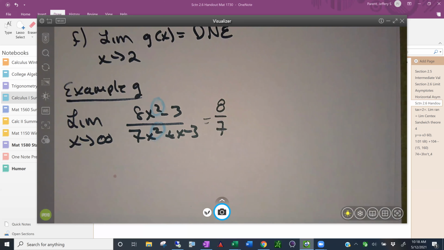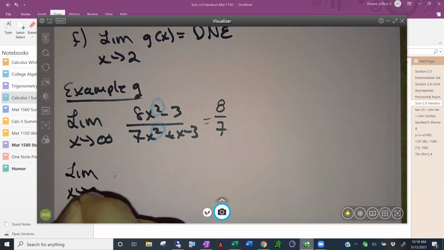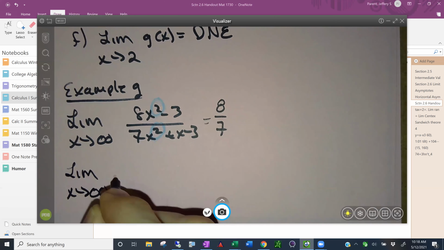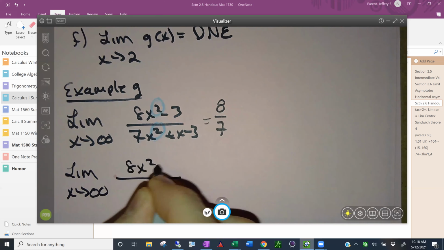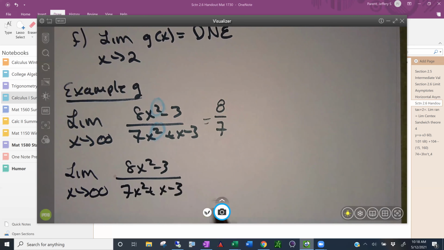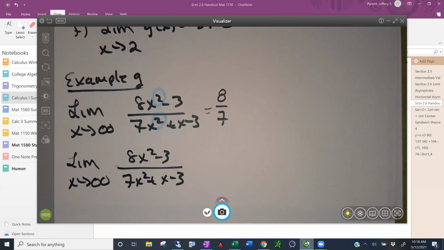And to actually prove this, what we'll do is this: 8x squared minus 3 over 7x squared plus x minus 3. So hopefully I've taken away the suspense, and now you can sit back and enjoy the show a little bit. You're going to divide by the highest power term in the denominator.